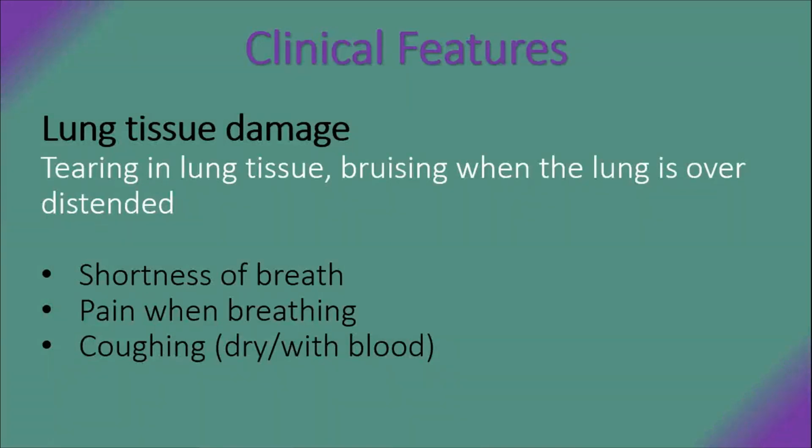Okay, thank you, Ibrahim. So for clinical features, we have, for example, lung tissue damage. This is tearing in the lung, bursting when the lung is over-distended. Some clinical features include shortness of breath, pain when breathing, and coughing, which may be dry or with blood.